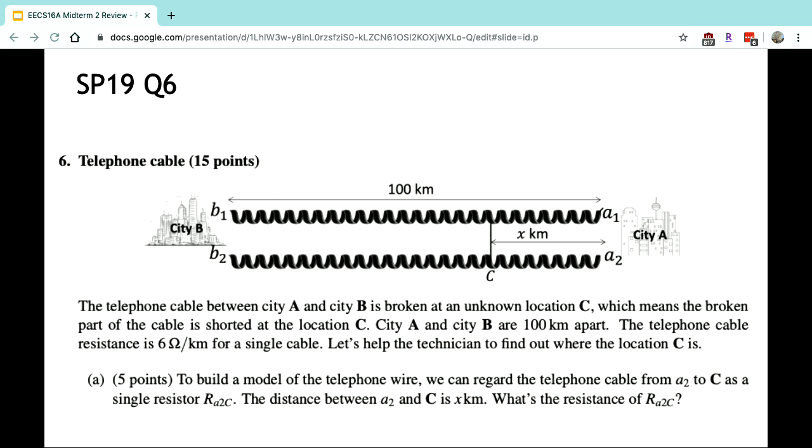Okay, so I'll give everyone a few minutes to read over this question as well, and then we'll try to discuss together afterwards.